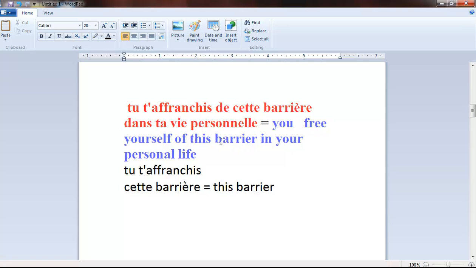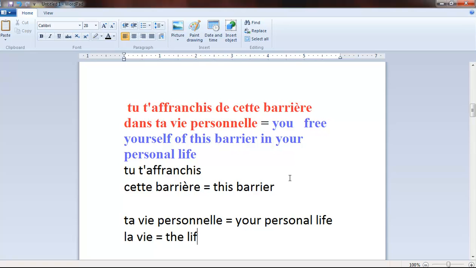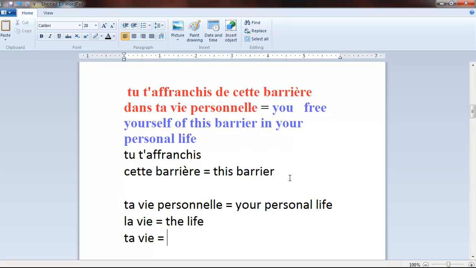You free yourself of this barrier in your personal life. About vocabulary, what else did we forget here? Okay. Ta vie personnelle, it means your personal life. La vie, it means the life. Ta vie, it means your life. And here your is second person singular, but we're going to do the possessive pronouns some other time in a future lesson.